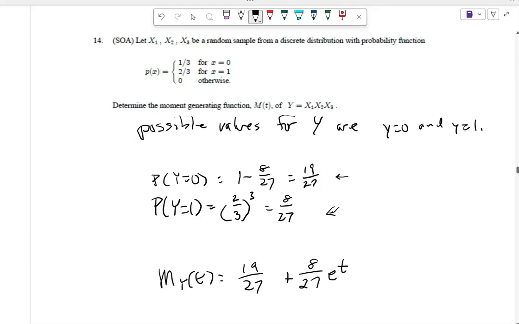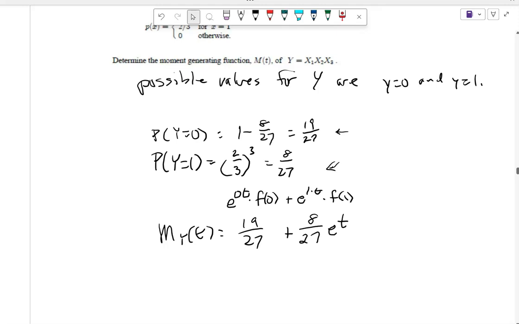So again, if I want to write it down, you would do e to the 0t times f of 0 and e to the 1 times t times f of 1 is how we're doing that. Is that okay? We're just doing an expected value again.